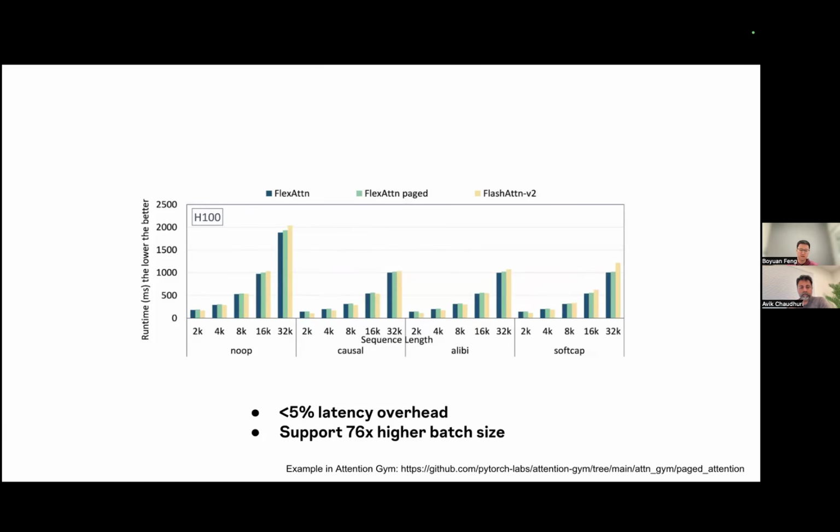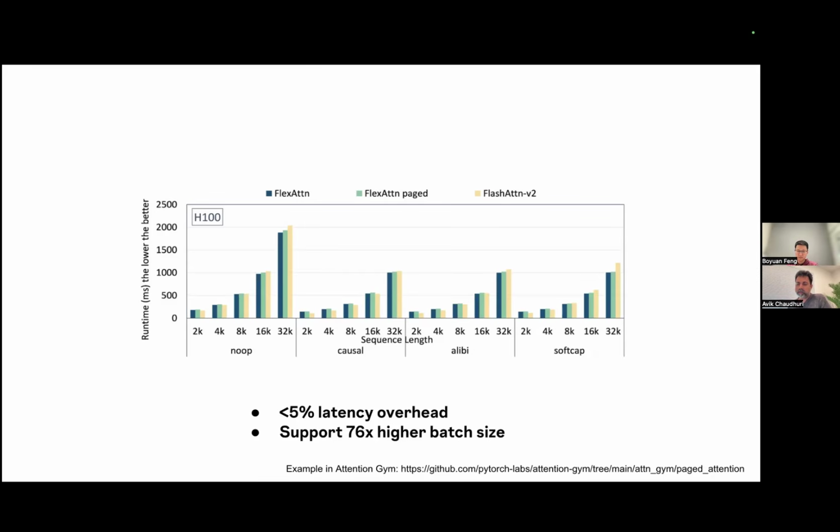Also, I have a small serving example showing that we can have 76 times higher batch size with this page attention technique. So if you are not expecting a lot of memory overhead, then you would use flex attention.